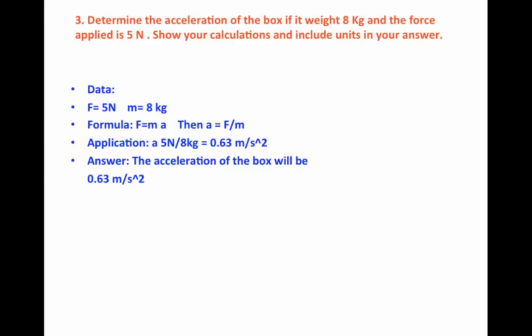Then the acceleration is the force divided by the mass. The application: 5 newtons divided by 8 kilograms is 0.63 meters per second squared. Then the answer: the acceleration of the box will be 0.63 meters per second squared.